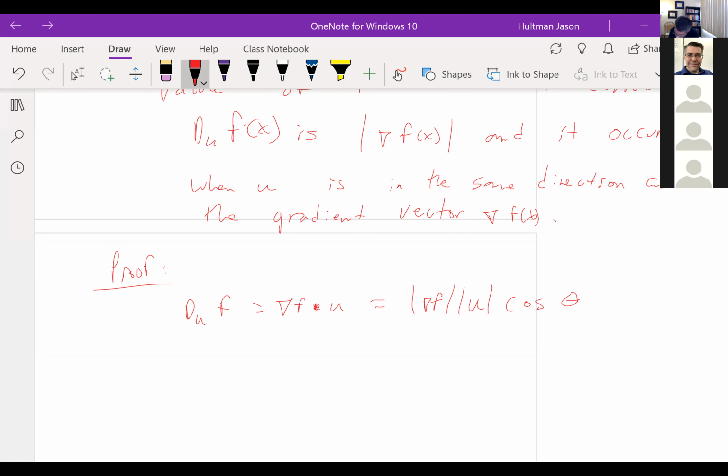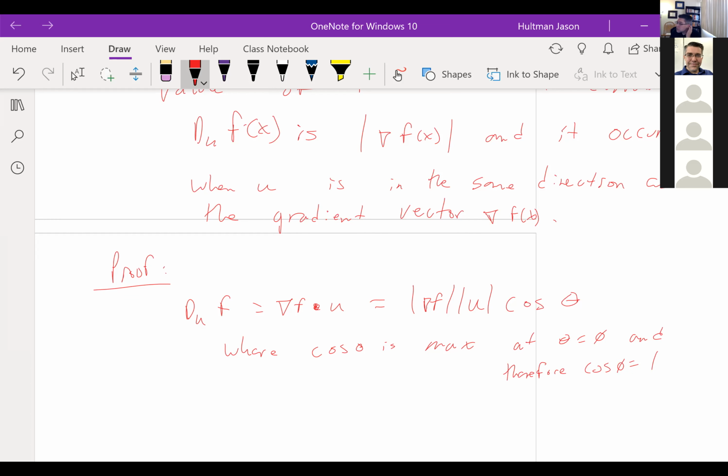Okay, and cosine of theta is maximum when theta equals 0, and cosine of 0 is equal to 1.